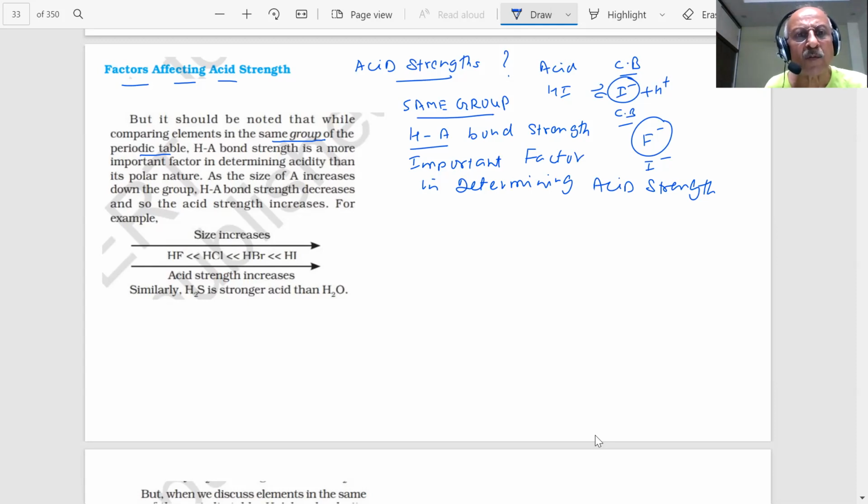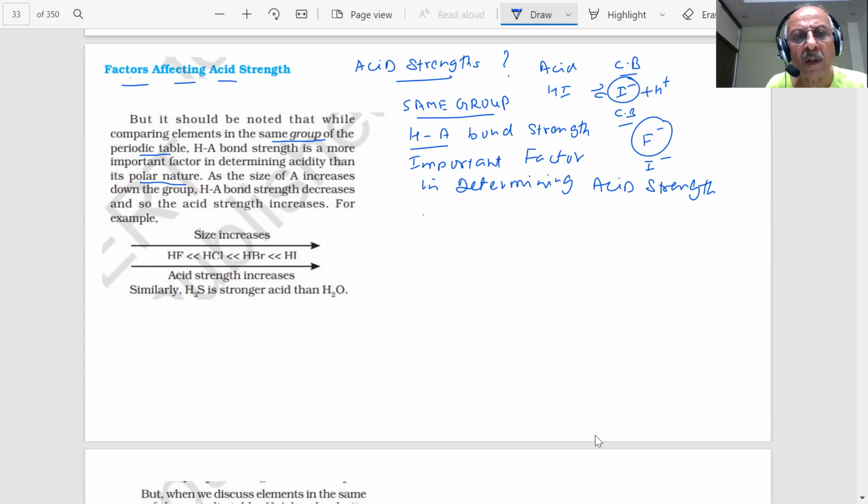So what is happening, students? This question has been put up many times: what is a more important factor in determining acidity than polar nature? For example, this group has been asked repeatedly.